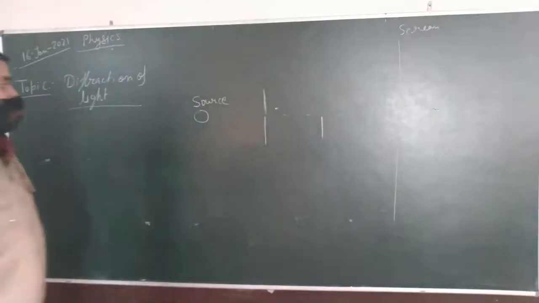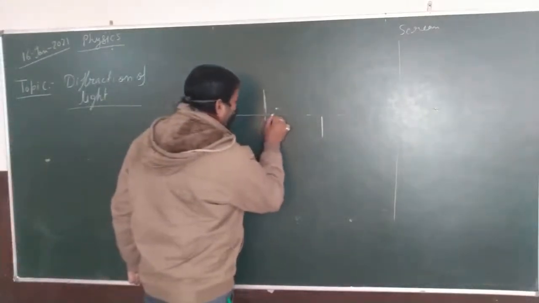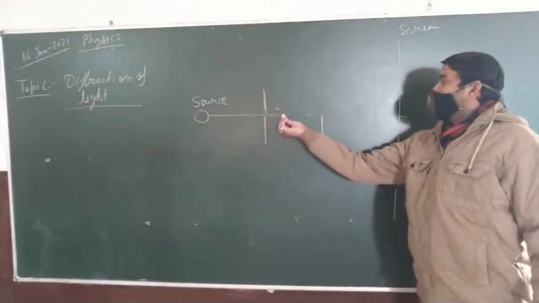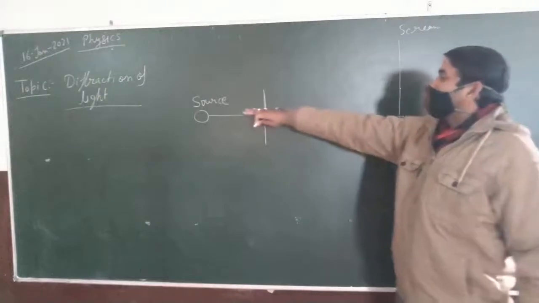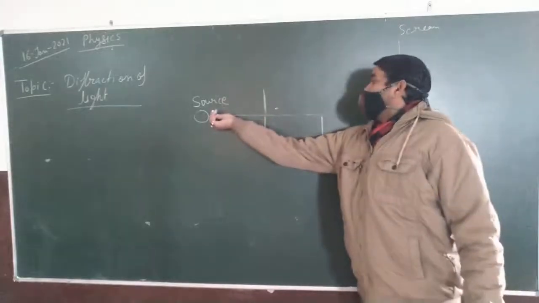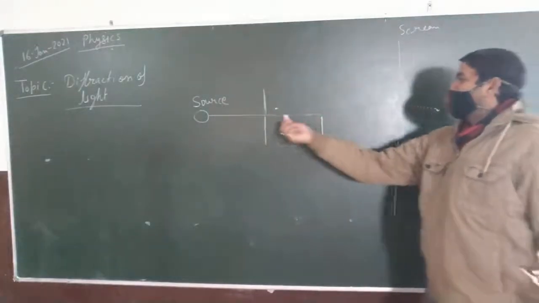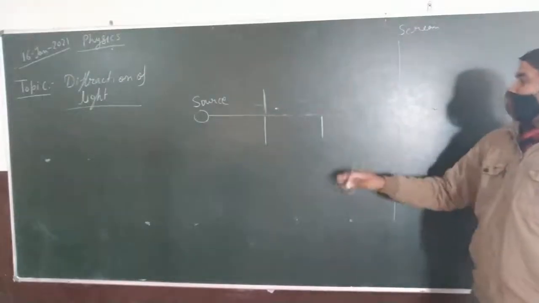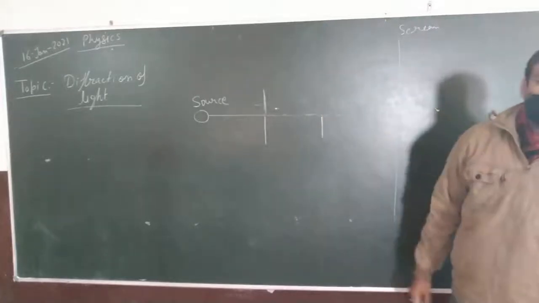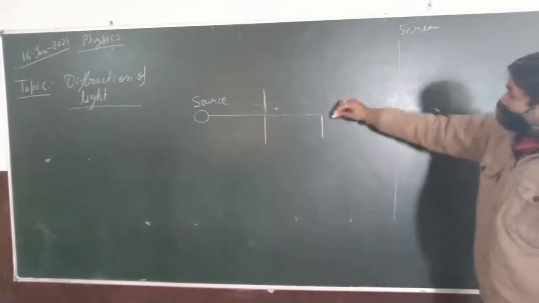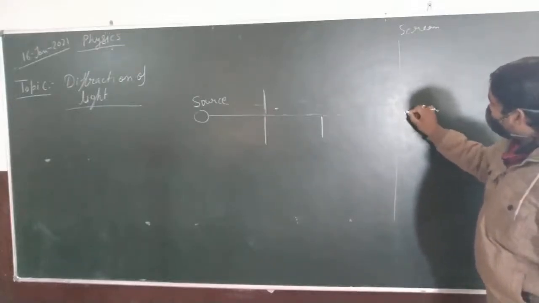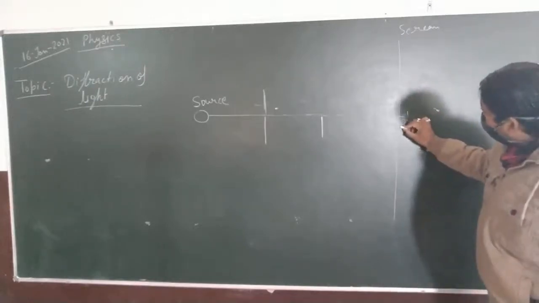So if the light is traveling from the source and passing out from this slit, and when it moves forward, the light above this ray is moving properly toward the screen. But the light below it does not reach here. Yet it is observed that there is a bright point below this center point C, till this point.